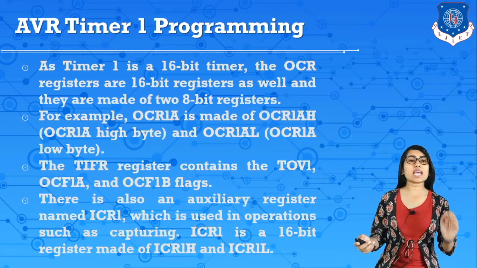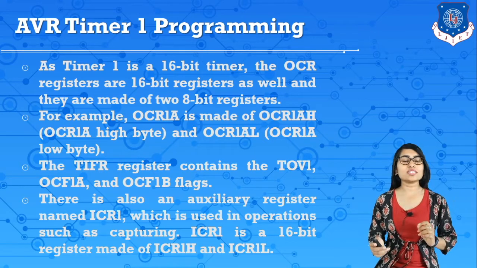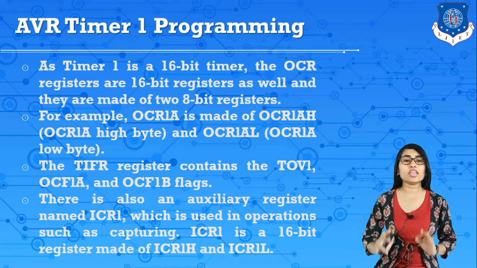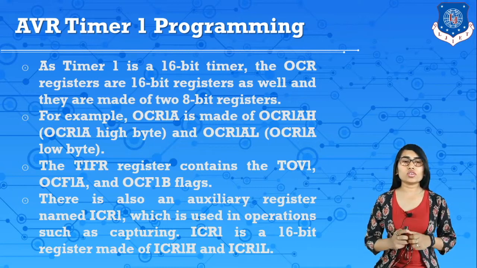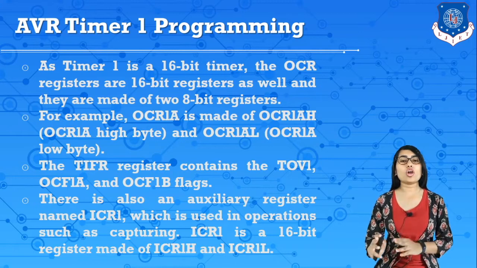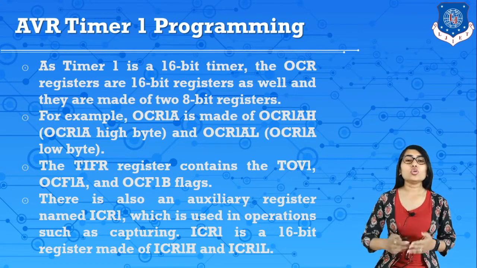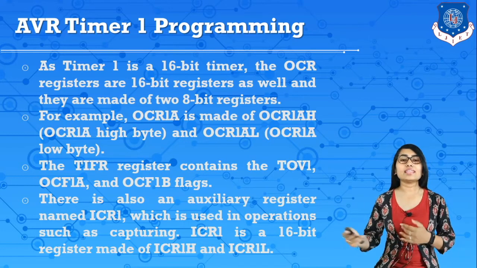As Timer 1 is a 16-bit timer, the OCR registers are 16-bit registers as well, and they are made of 8-bit registers. For example, OCR1A is made of OCR1AH, the high byte, and OCR1AL, that is the OCR1A low byte.